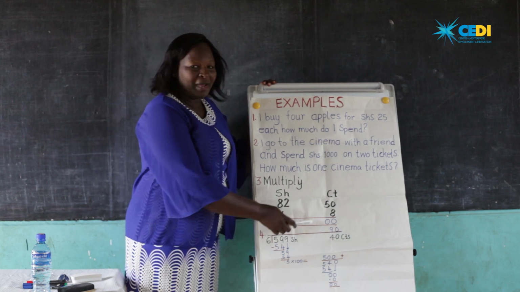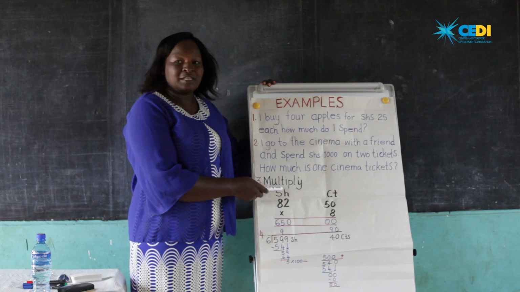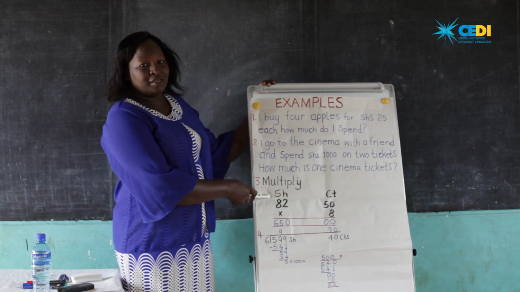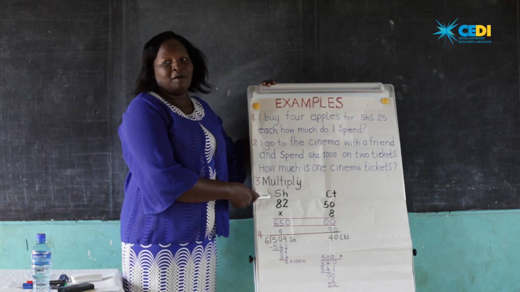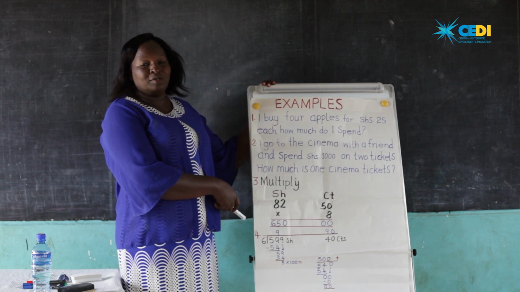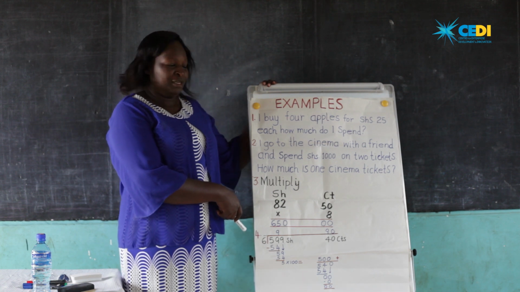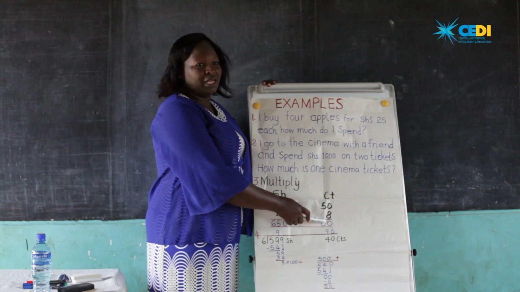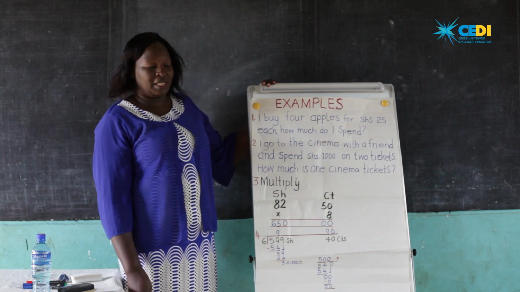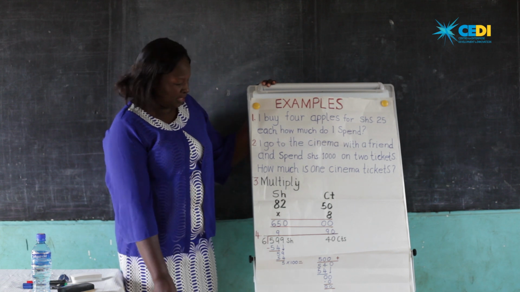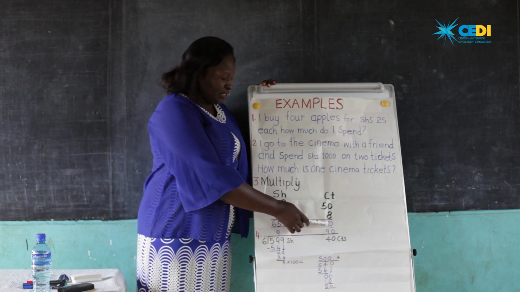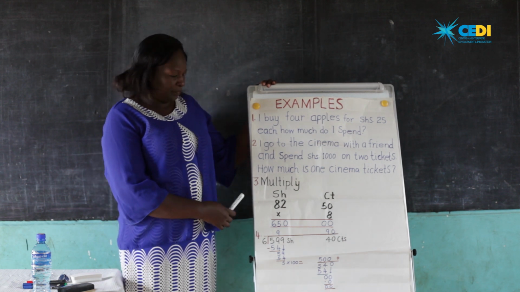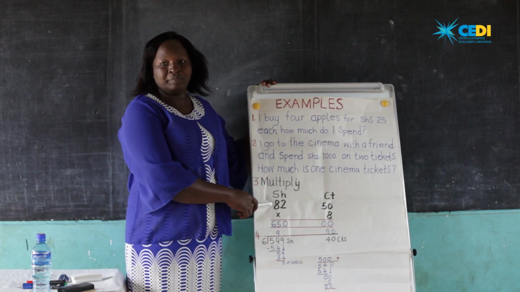The 4 that remains will be carried to the shillings column. The reason being that 1 shilling is equal to 100 cents. So the 400 cents that we get here, when changed to shillings, will give us 4 shillings and 0 cents. And that is why we have 0 and 0. So we are going to carry forward the 4 shillings to the shillings column.